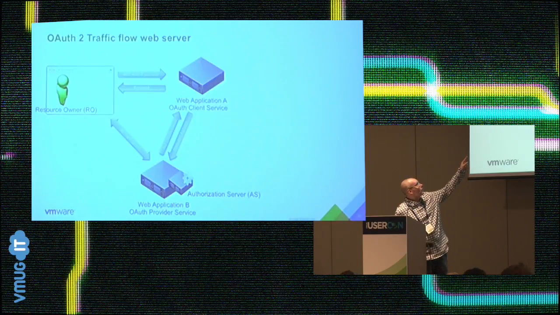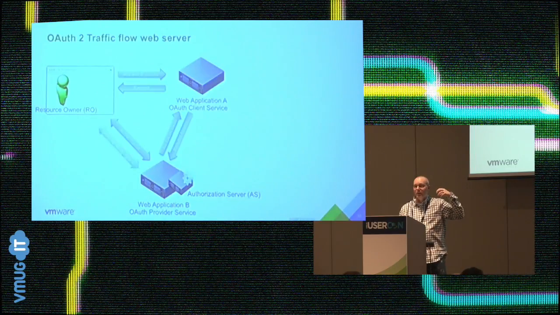An OAuth token needs to be created, so a redirect message happens all the way to the original web application. As mentioned before, at no point in an OAuth flow will, in this case, application A, be able to get my username and password. So I'm redirected to the original website to perform authentication.